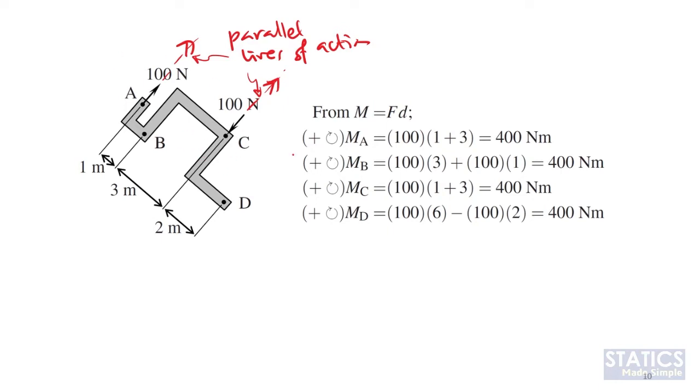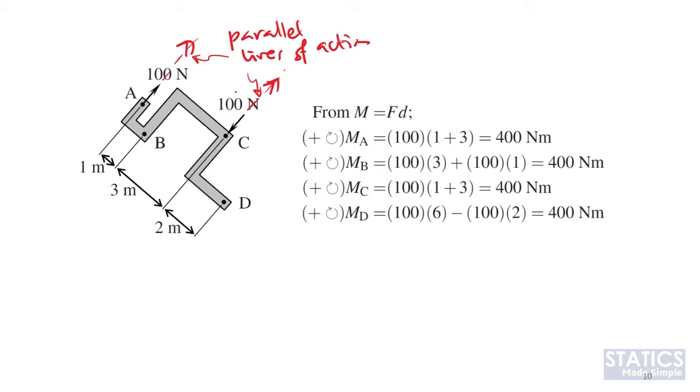So when it becomes a couple, if we look at any point, the moment about any point on this rigid body will become the same. For example, if we look at point A, the moment due to the 100 Newton at A will be equal to 0, because this 100 Newton is passing through point A. Our perpendicular distance D is 0. However, we will have a moment due to the other 100 Newton force.